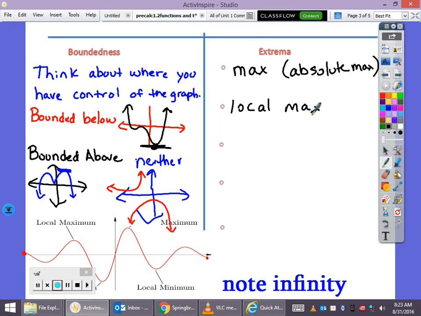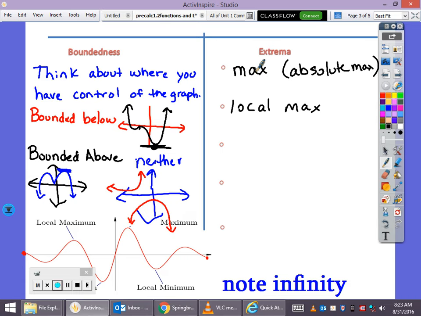So in a picture like this one here, this right here would be a local maximum. It's not the maximum for the whole graph, but it's a maximum at a certain point on the graph. That's the difference between a local maximum and a regular maximum. A maximum has to be the one for the entire graph, and a local could be just in a certain section.